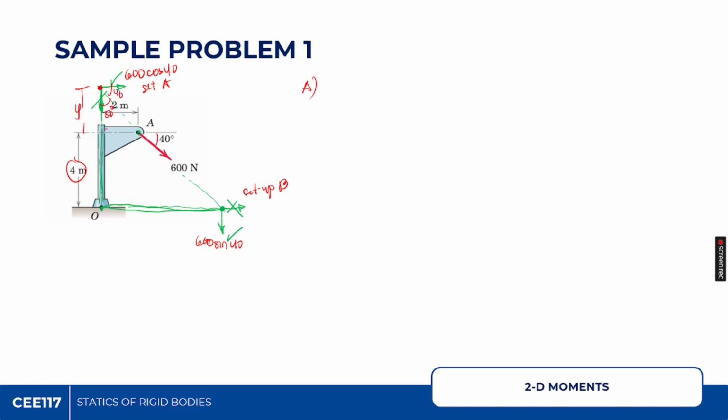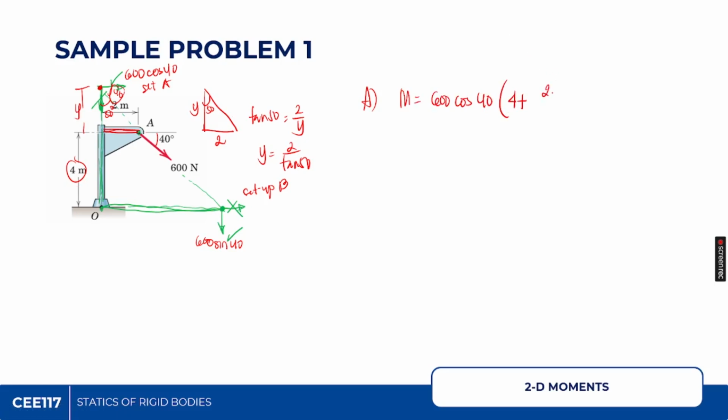If this is 2, let me draw the diagram, a triangle above: this one is 2 and this angle is 50. Using tangent, tangent 50 is 2 over y, therefore y is 2 tangent 50. So for setup A, your moment is 600 cosine of 40 times the perpendicular distance, which is 4 plus y, equivalent to 2 tangent 50.